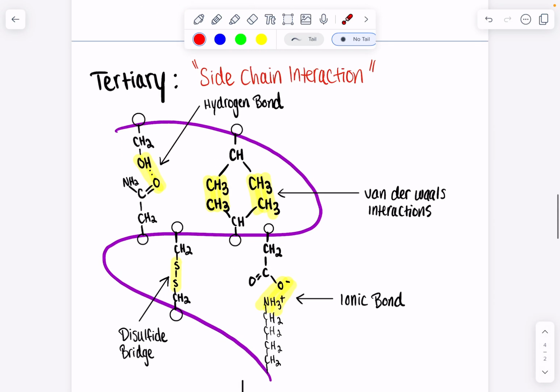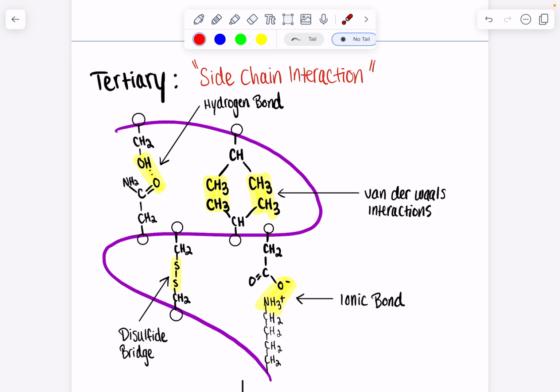Moving on, we go to the tertiary structure. The tertiary structure gives you more of a three-dimensional shape, and this is caused by more folding of the polypeptide, which is caused by side chain interactions, the R groups, between the amino acids.